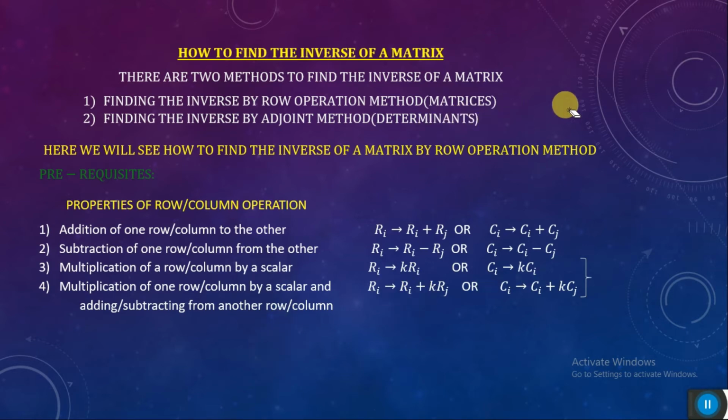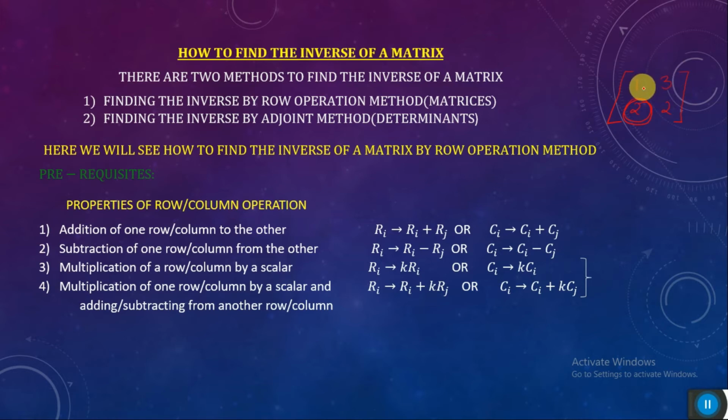So suppose I have a matrix like this: 1, 3, 2, 2. Now I want to make this one 0. How will I make it 0? Now see, there is a 1, right?